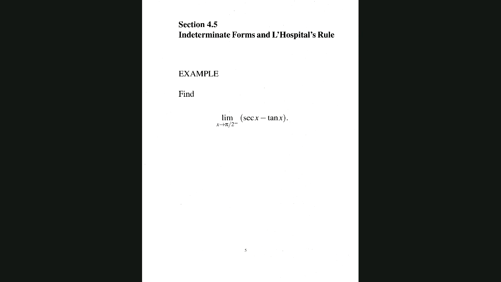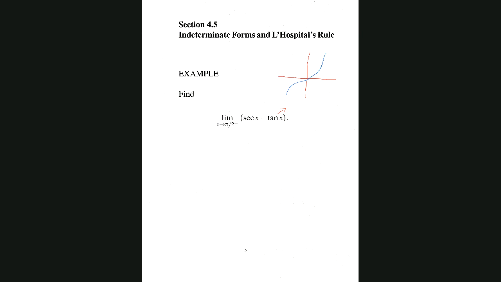Now, as x approaches pi over 2, 90 degrees, what's the tangent of x? What happens to the tangent function at 90 degrees, pi over 2? If you look at the graph of the tangent, okay, we know that the tangent does this.